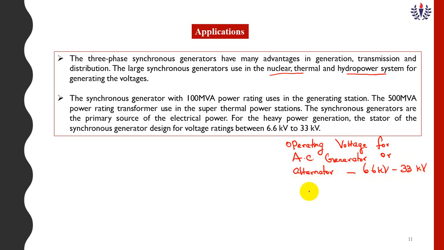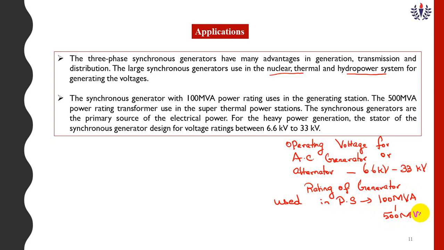And the rating of generators used in power stations is from 100 megavolt ampere to 500 megavolt ampere.